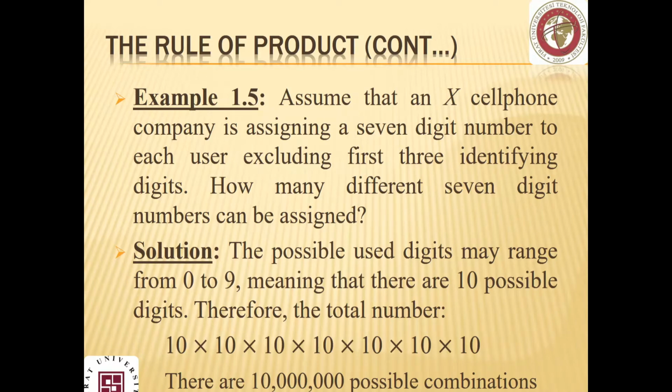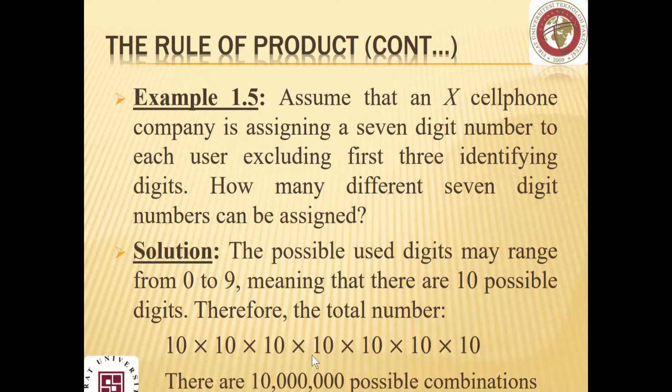We can count 0, 1, 2, 3 until 9. That's 10 possibilities, and we have 7 of them. So multiply 10 seven times, once for each of the digits. That's exactly 10 million possible combinations.